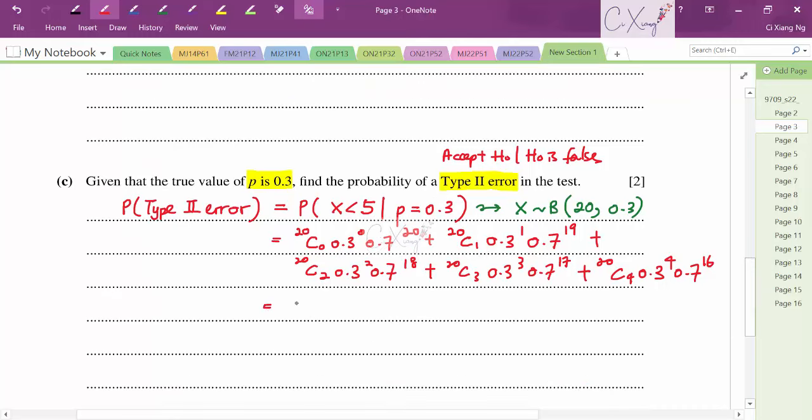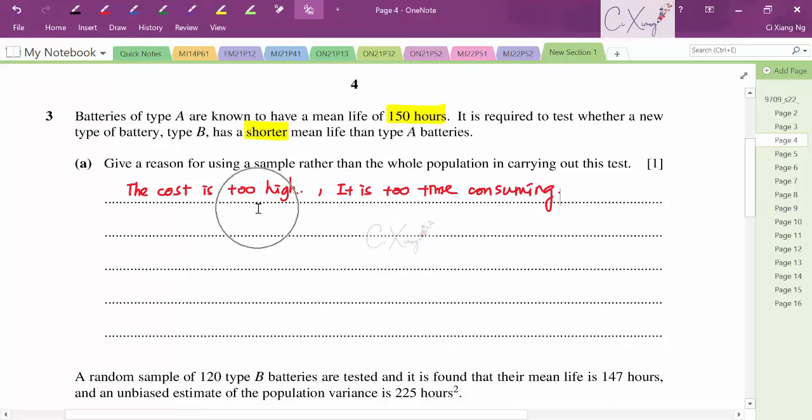Or you can write that it is too time consuming. You can write any one; any valid reason, they will accept it. So these are two of the answers that they will accept.